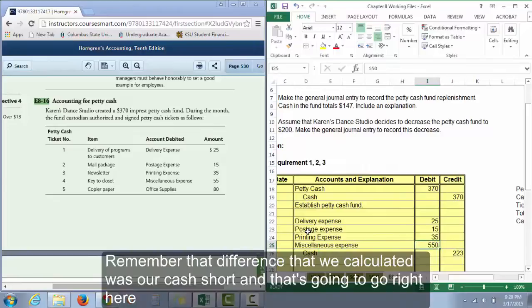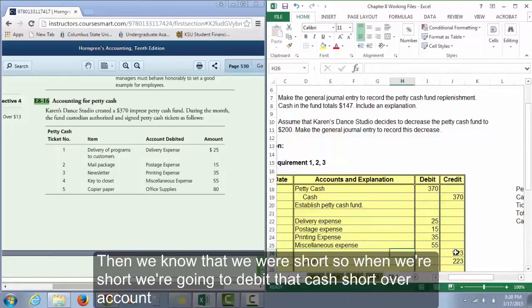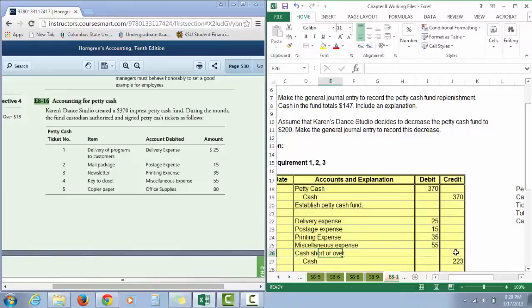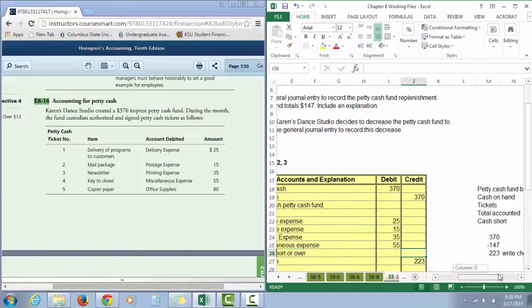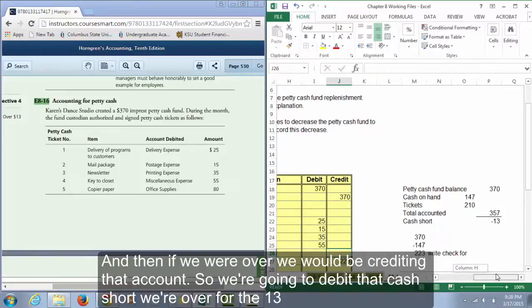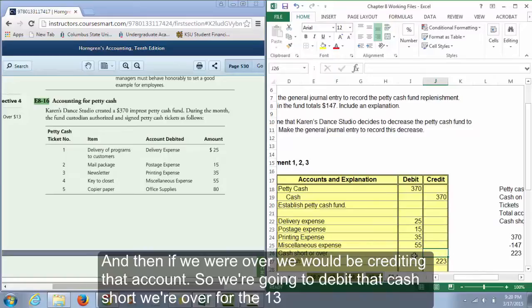And then remember that difference that we calculated was our cash short, and that's going to go right here. And then we know that we were short, so when we're short, we're going to debit that cash short or over account. And then if we were over, we would be crediting that account. So we're going to debit that cash short or over for the 13.